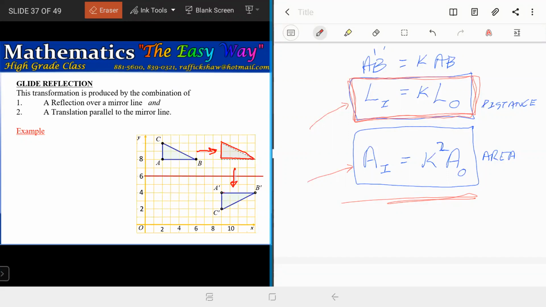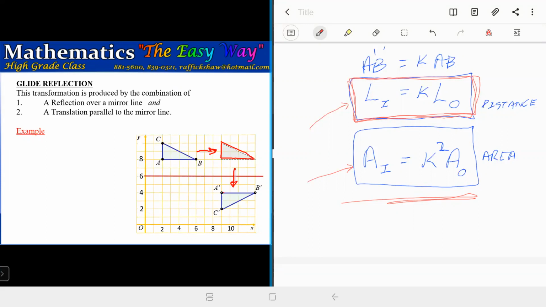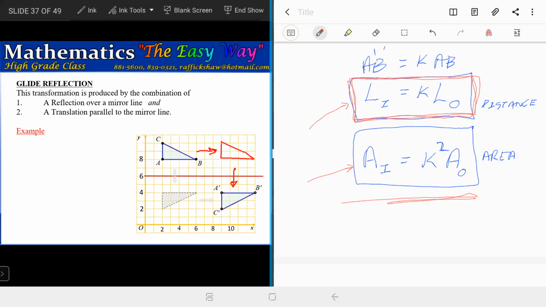Right? We could also do the reflection first. That's the beauty about the glide reflection. You can do the reflection first. See there? We have done the reflection first. So instead of doing the glide first, we have done the reflection first. After we finish the reflection, bam, we do the glide.